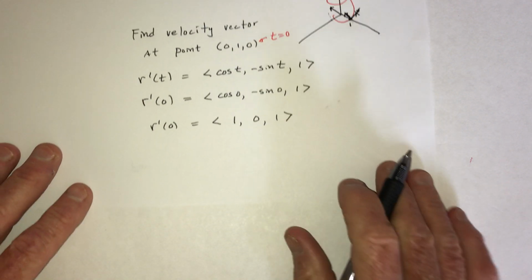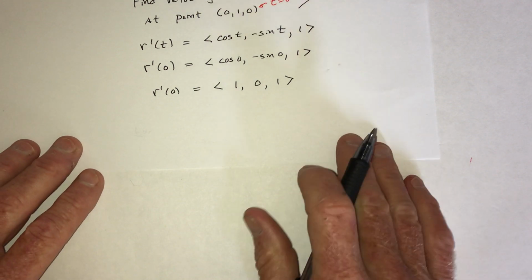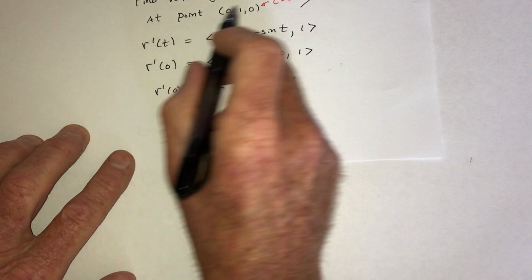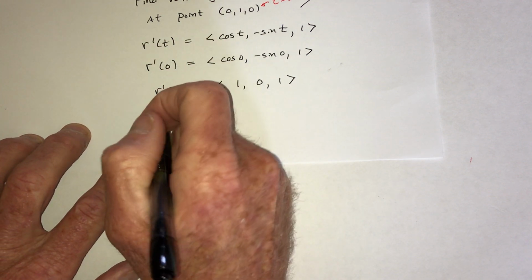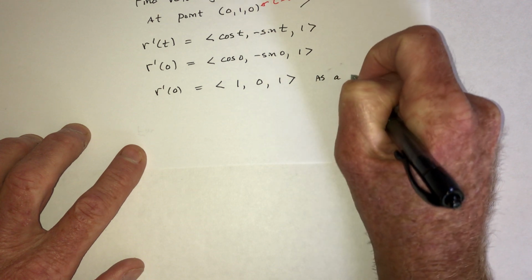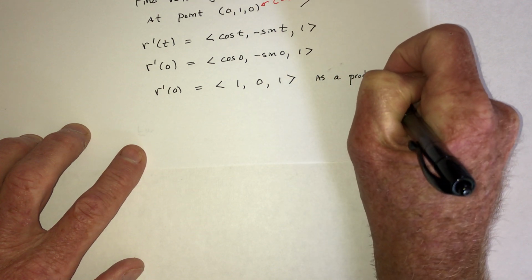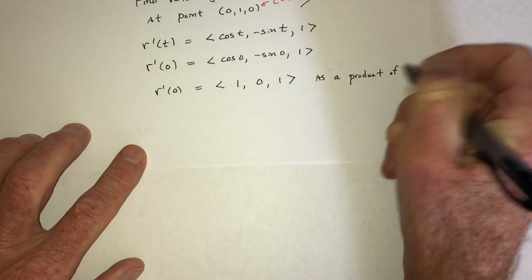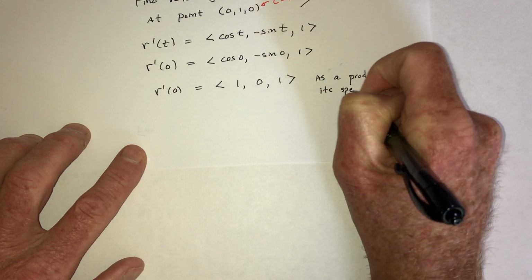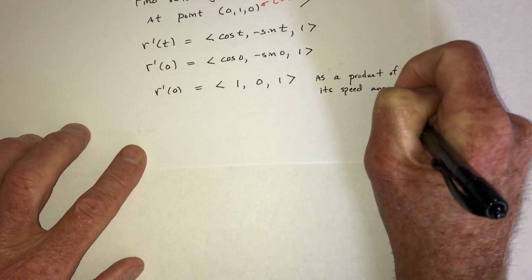Okay, now for a question that comes straight from the homework. So find the velocity vector, and now as a product of its speed and direction.